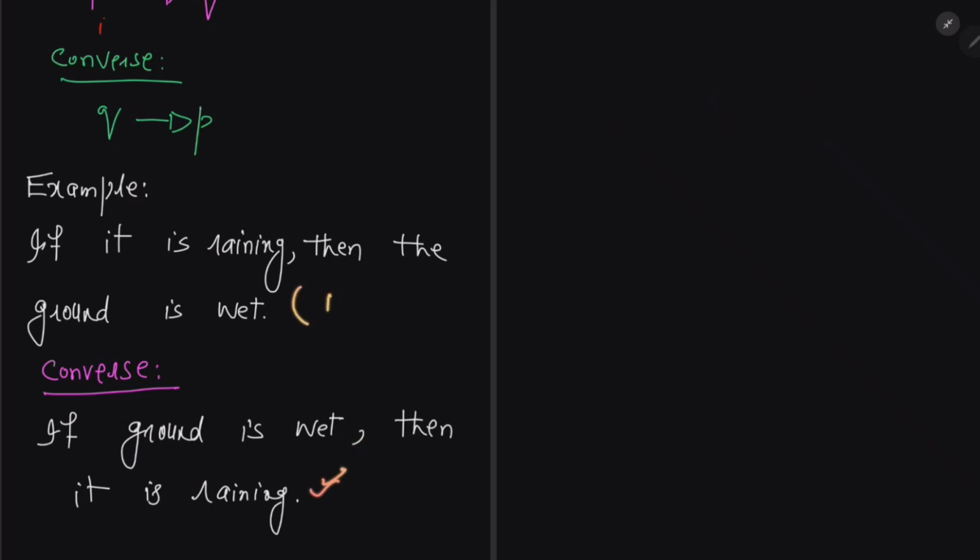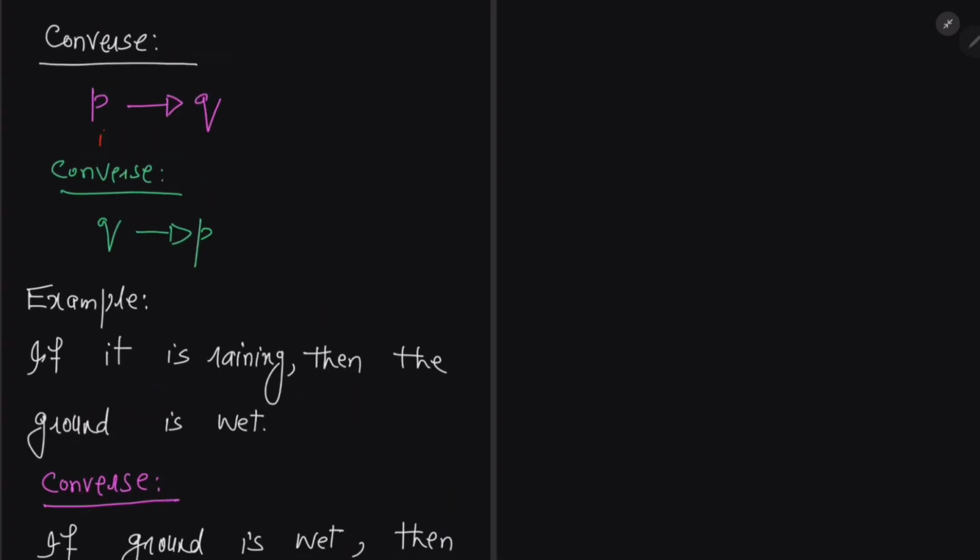The original statement is true, but its converse might not be. If the ground is wet due to the rain, then this statement is true. If it is wet due to other reasons, then this statement is false. So this was about the converse.